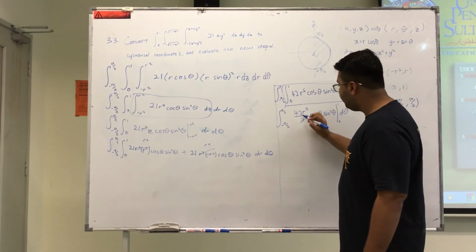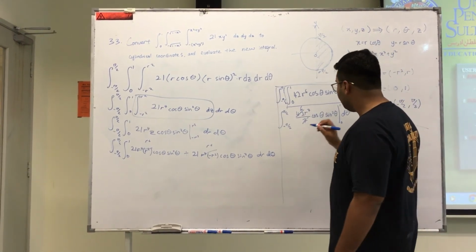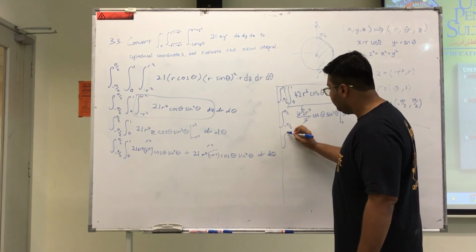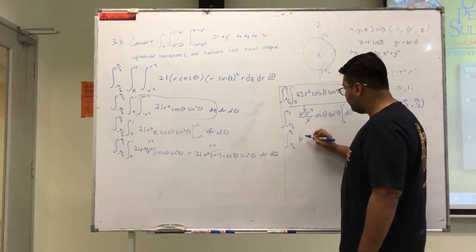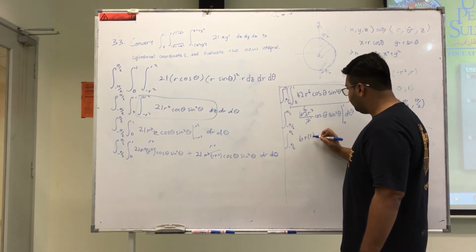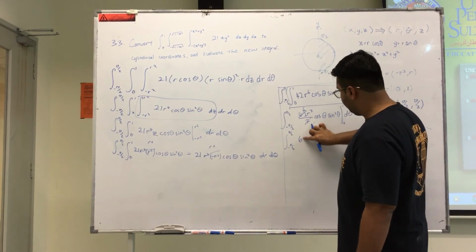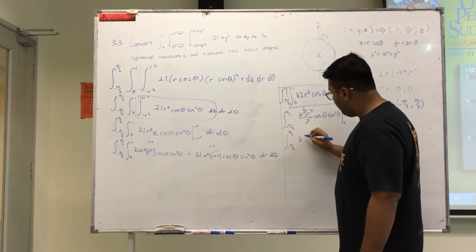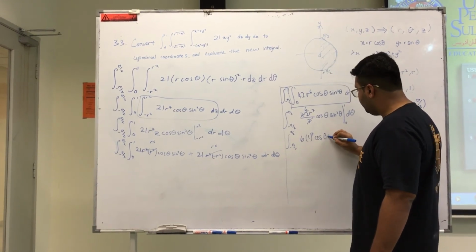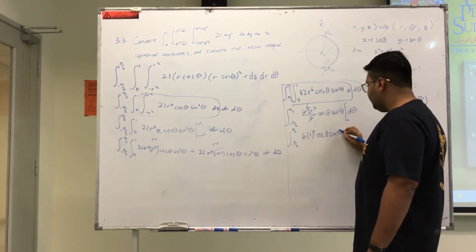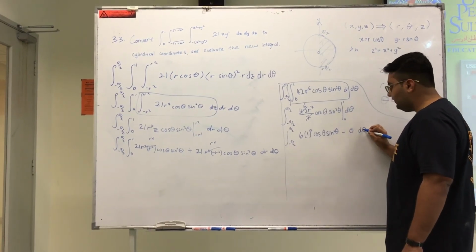Here we can cut and become 6 because 42 divided by 7 equals 6, and we can substitute pi over 2, negative pi over 2, 6 r power 1, 1 power 7 cos theta sin square theta minus 0 d theta.